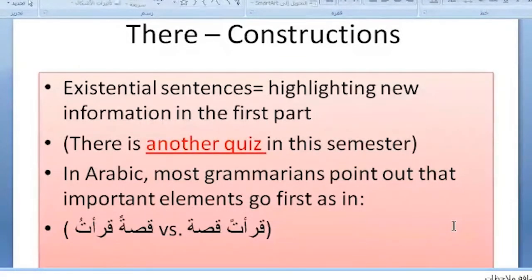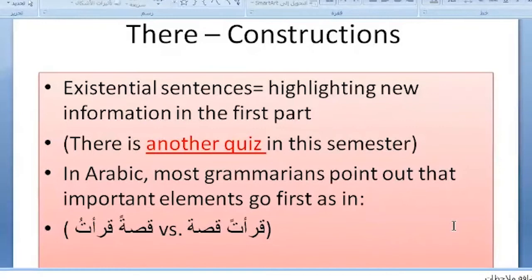Dear students, I am still talking about constructions in which we have thematized elements, in which we have fronting of some elements. There constructions, تراكيب الذير اللي هي الجمل، جمل الشأن تسمى باللغة العربية، بالإنجليزية يطلق عليها أيضا we also call it existential sentences، يعني الوجودية، as a literal translation.